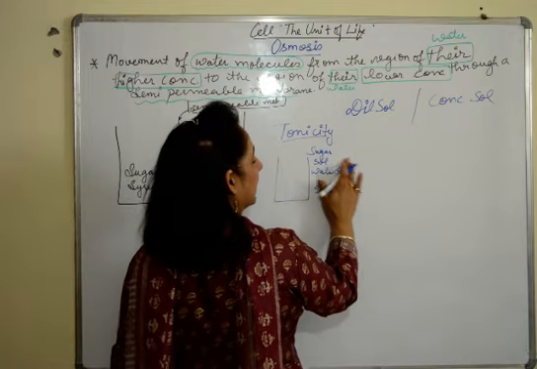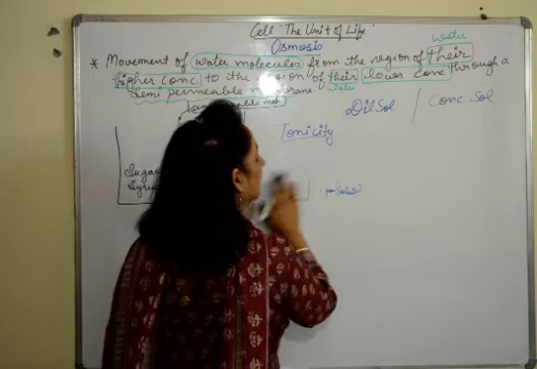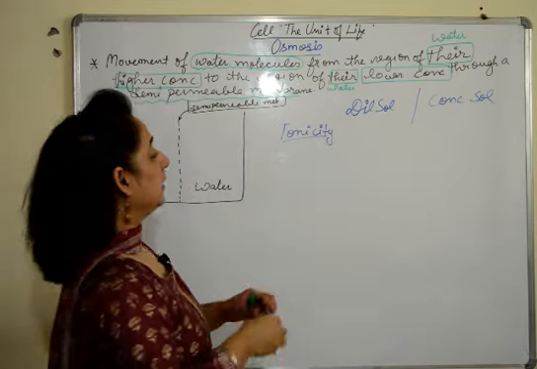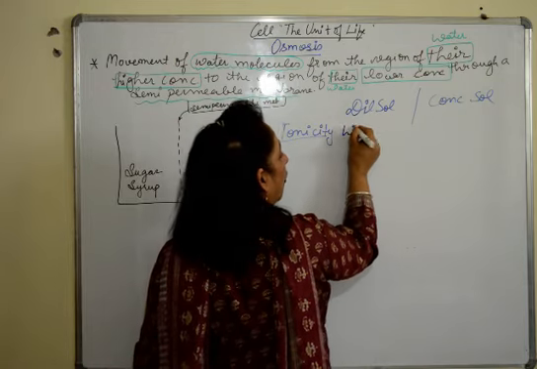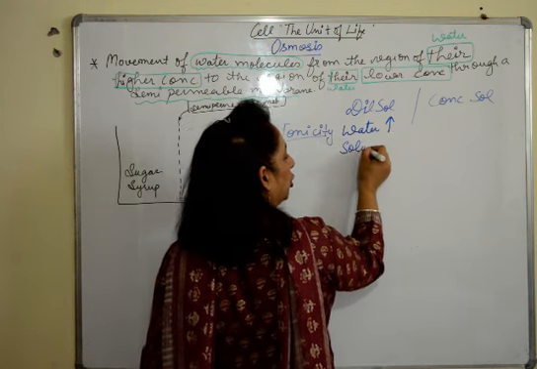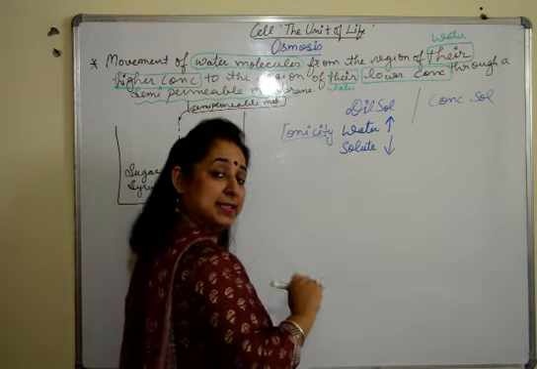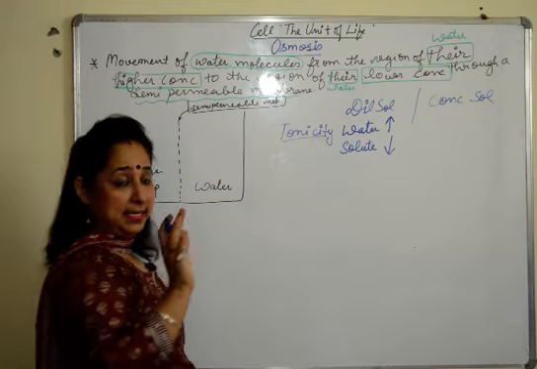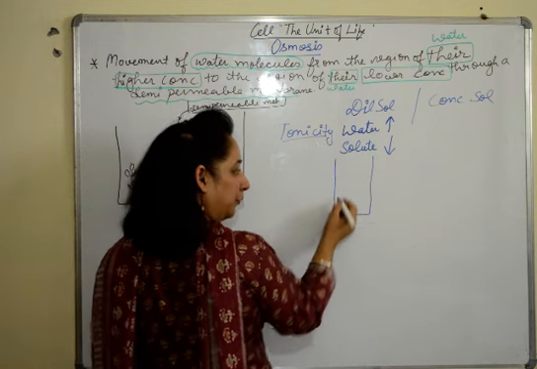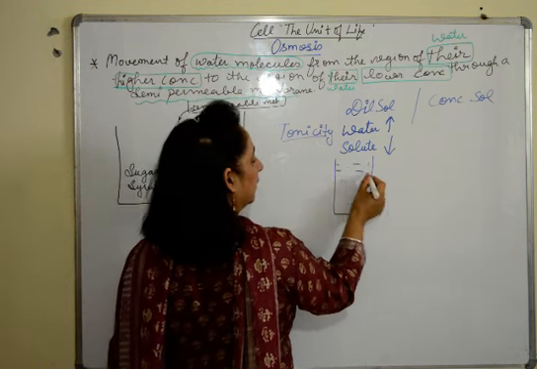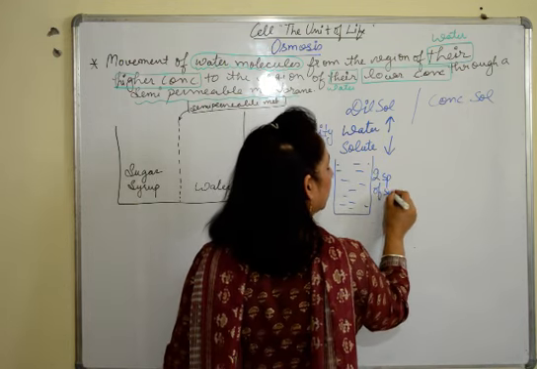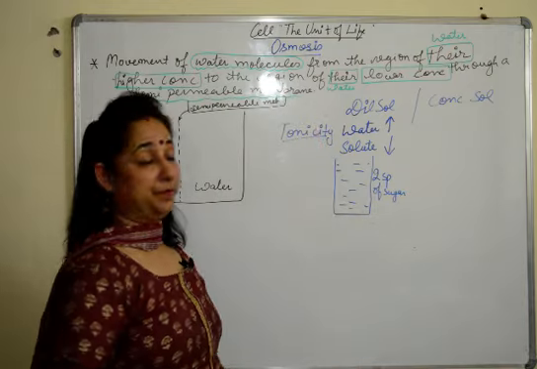So what is a dilute solution? A solution wherein water is more and solute concentration is less. That means if you have a glass of water, full to here, and we have added 2 spoons of sugar to it, this is a dilute solution.